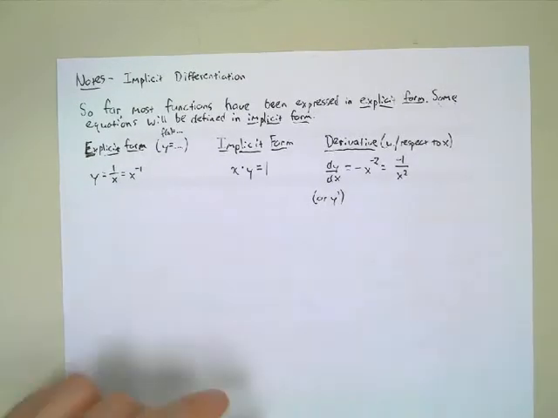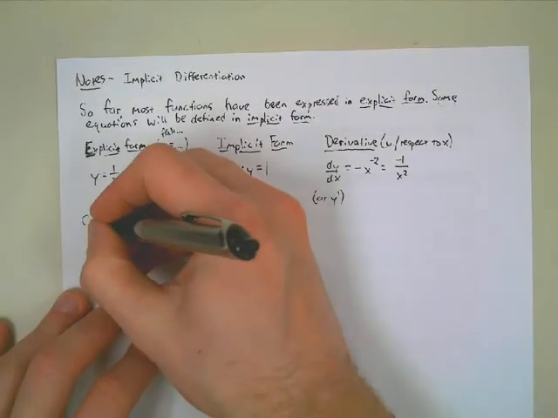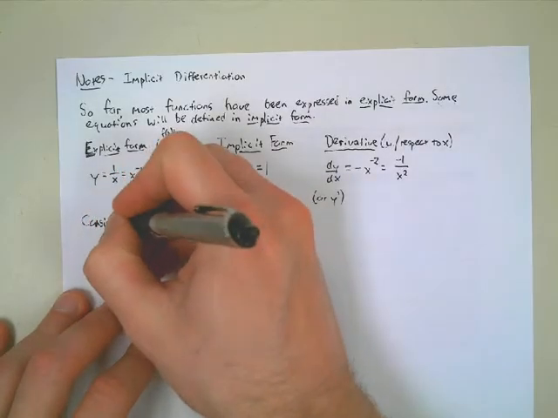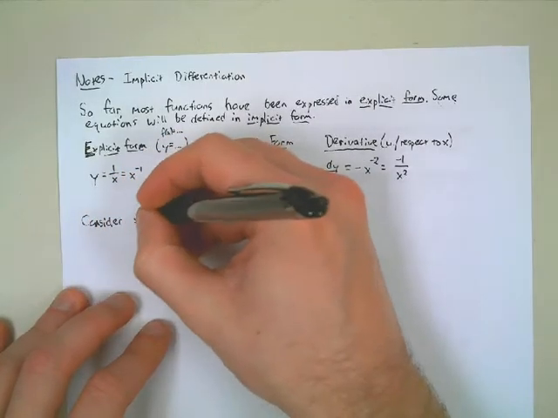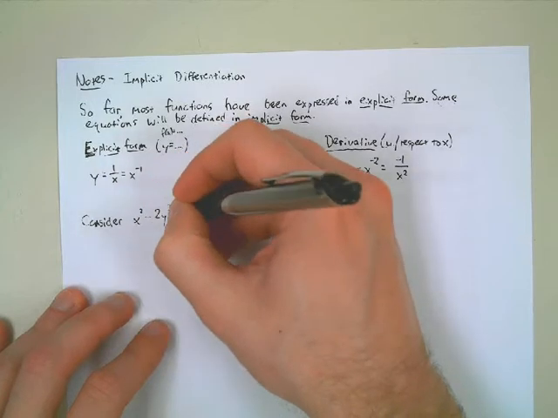All right, consider x squared minus 2y cubed plus 4y equals 2.